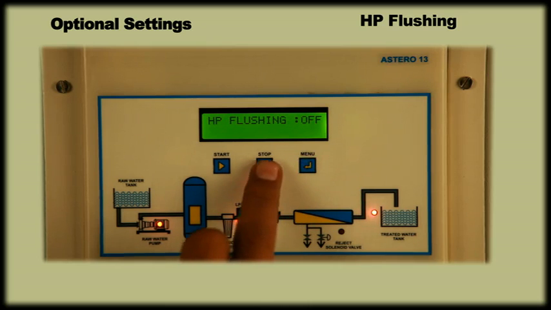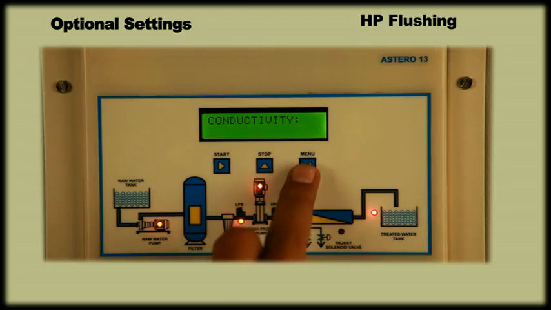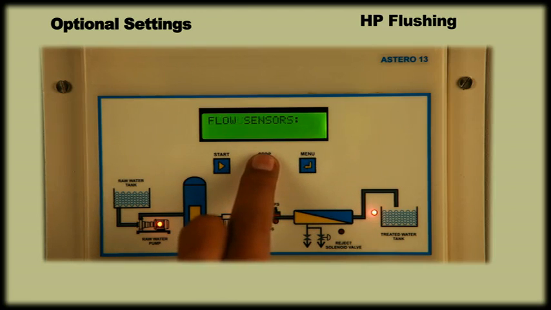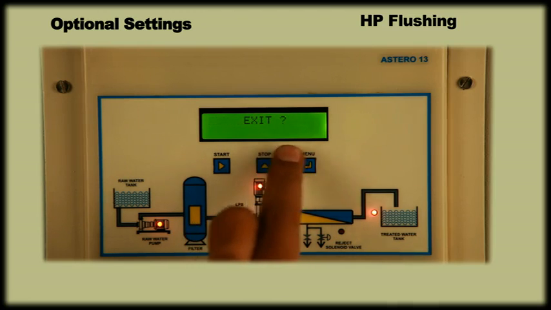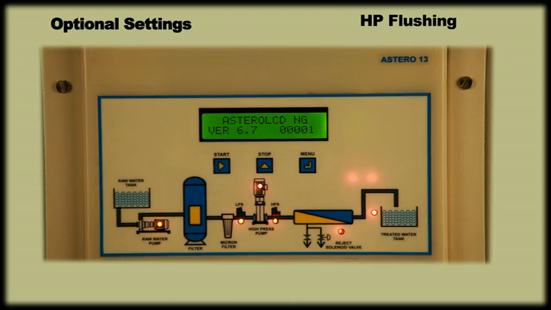To turn it on, use the Stop key and press the Menu key to save. Again, keep pressing the Stop key till it shows exit and press Menu. In this case, HPP will be on for half the set flushing time.